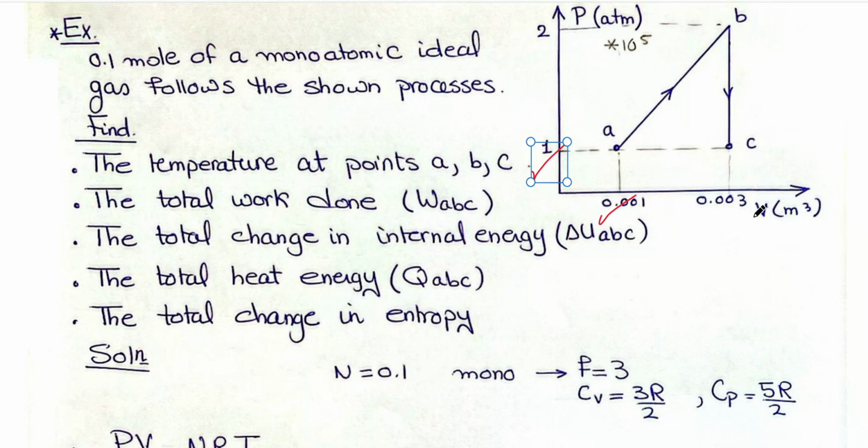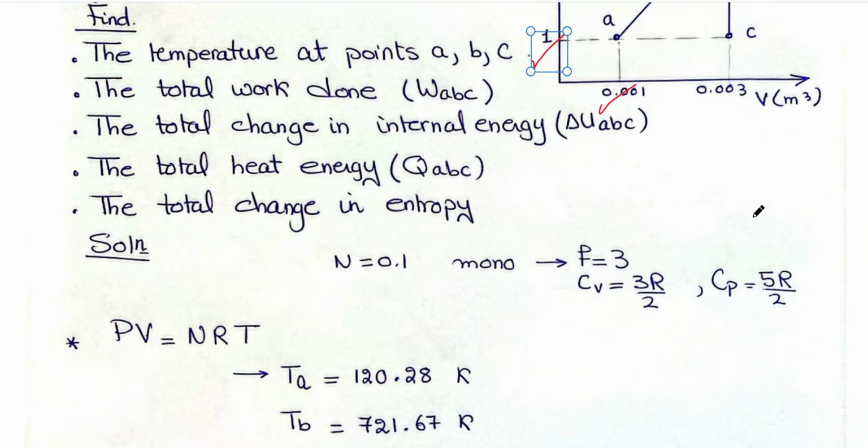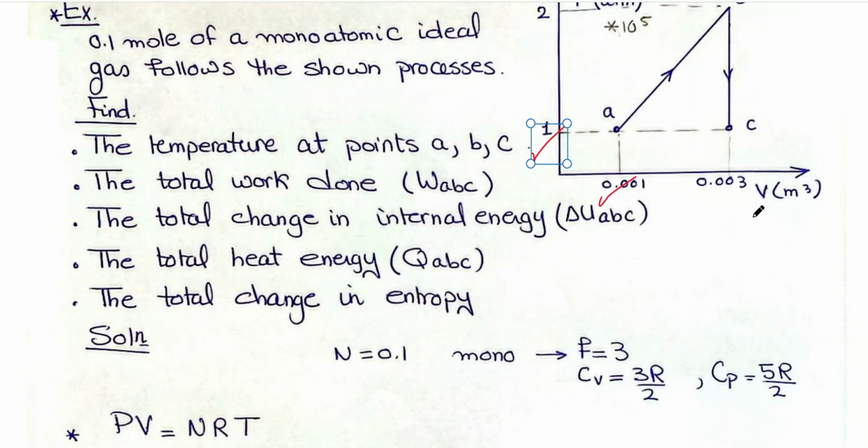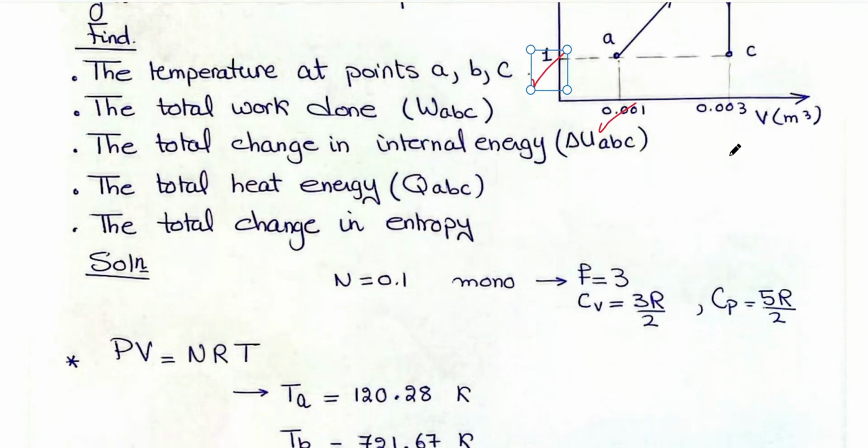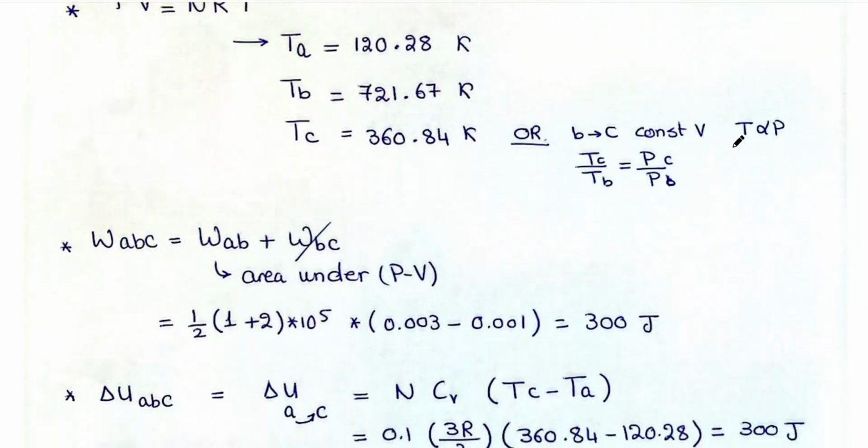So you can just substitute and get the temperature. Now we want to calculate the work. To calculate the work from A, B, C, we will calculate work AB first, then add work BC, but work BC is 0 because when the volume is constant we don't have work done.